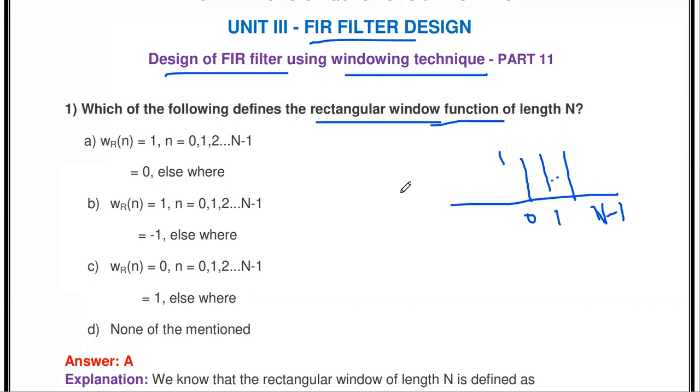For the remaining time, it has zero amplitude. That's why the shape of this window is rectangular, and it is called the rectangular window function.